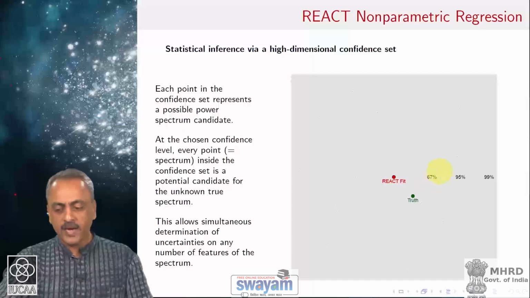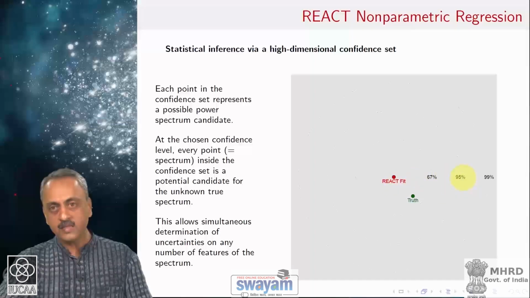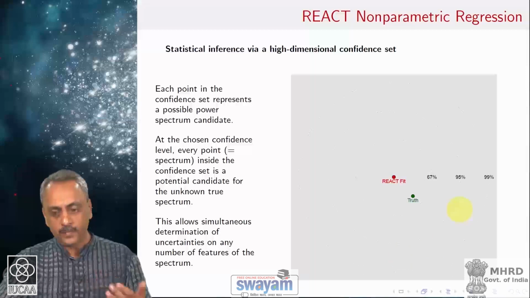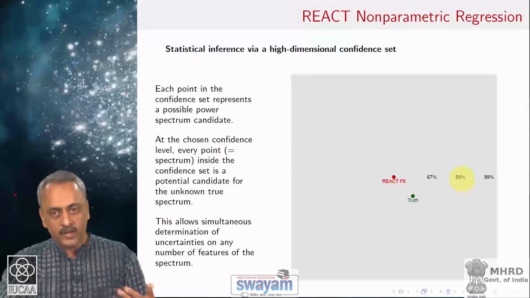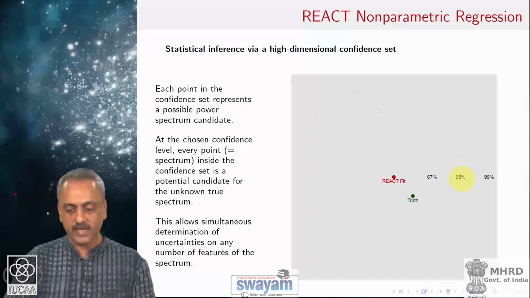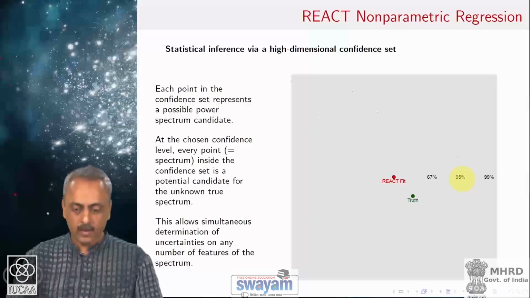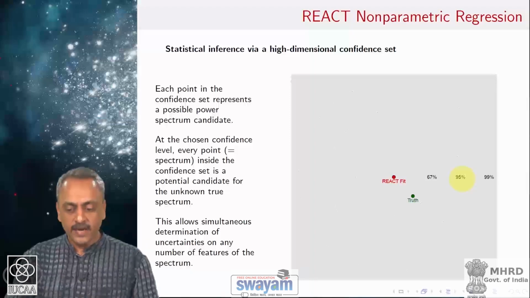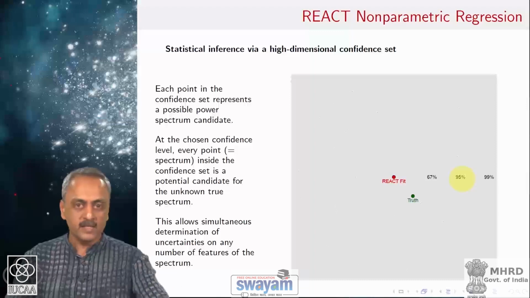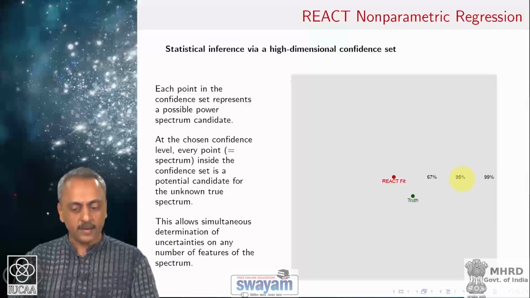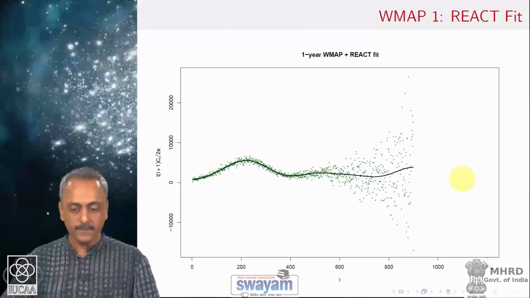Hence, people would like to go to larger confidence, which says that at 95% your inferences have a chance of being wrong with 5% probability. That is basically what it means. Okay, so, this is in a nutshell the prescription by which uncertainties on features of the power spectrum can be found out in this particular method.